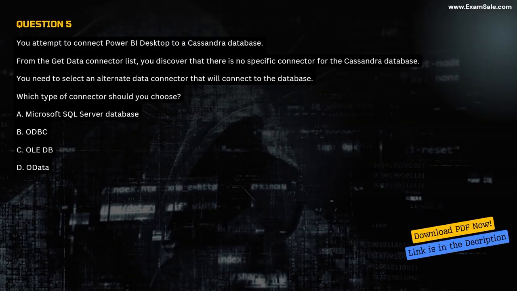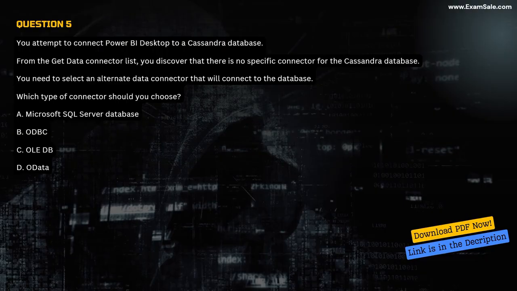Question 5. You attempt to connect Power BI Desktop to a Cassandra database. From the Get Data connector list, you discover that there is no specific connector for the Cassandra database. You need to select an alternate data connector that will connect to the database. Which type of connector should you choose? A. Microsoft SQL Server Database.